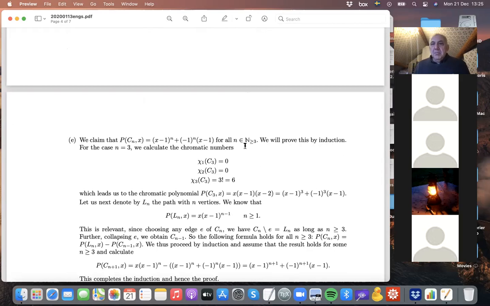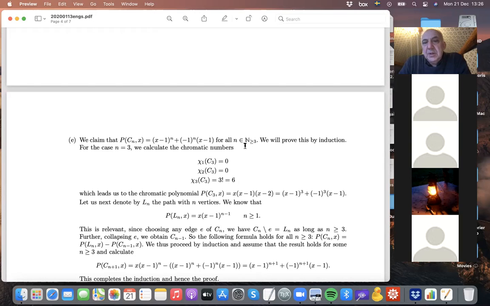Okay, I recall that if we fix a number of colors k, then the k-th chromatic number of a given graph is the number of ways, assuming our graph has labeled vertices, of assigning a color to each vertex such that two adjacent vertices will not have the same color.